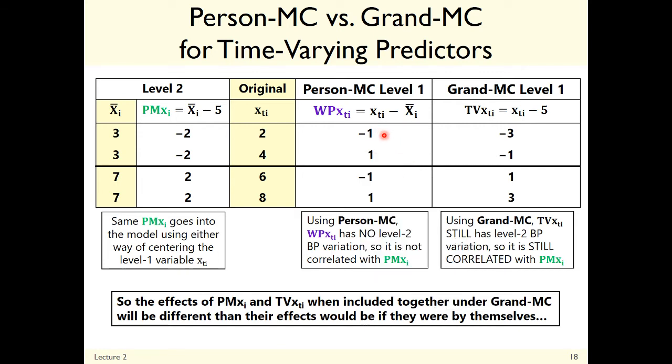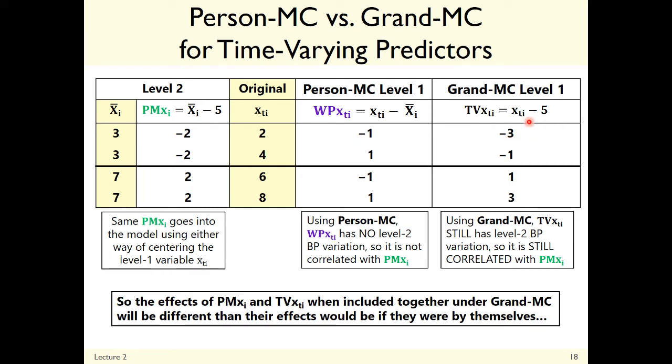We know that at this occasion this person was relatively low and then relatively high. The other person was relatively low and relatively high too. It's purely level 1 information here, so it has a purely level 1 effect. This is purely level 2, so this has a purely level 2 effect. They don't fight against each other.